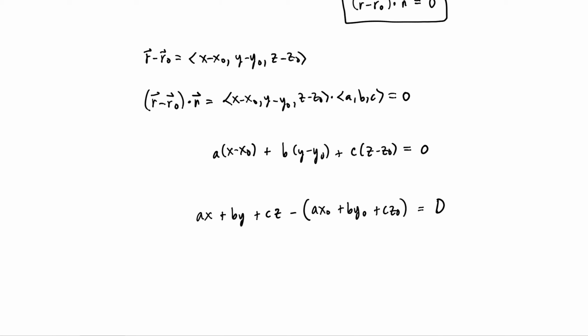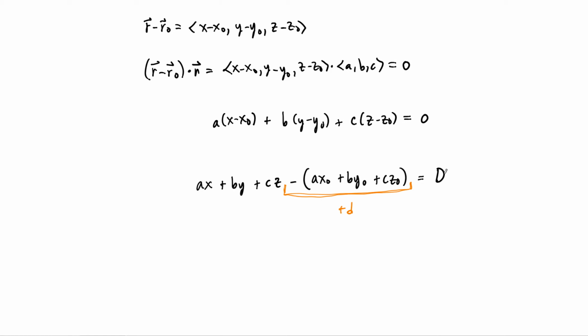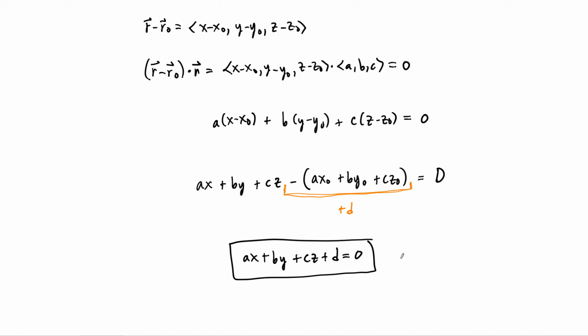What you'll find in the book, and this is a little bit annoying, but it's just the way it is, is that this number, including the minus sign, is called plus d. And so the equation of a plane becomes ax plus by plus cz plus d equals 0. So there's the equation of our plane.